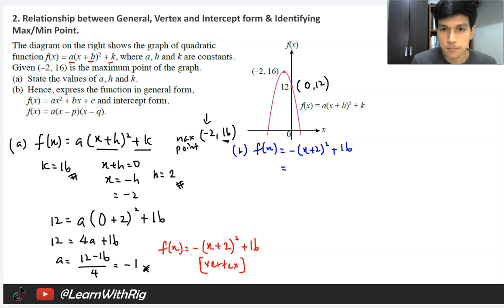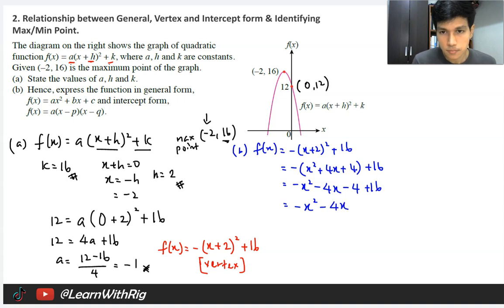Expanding: negative x squared plus 4x plus 4, plus 16. So negative x squared minus 4x minus 4 plus 16. The answer is negative x squared, negative 4x plus 12. So this is your general form.